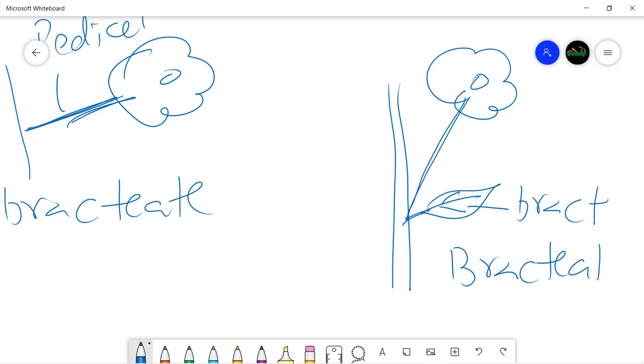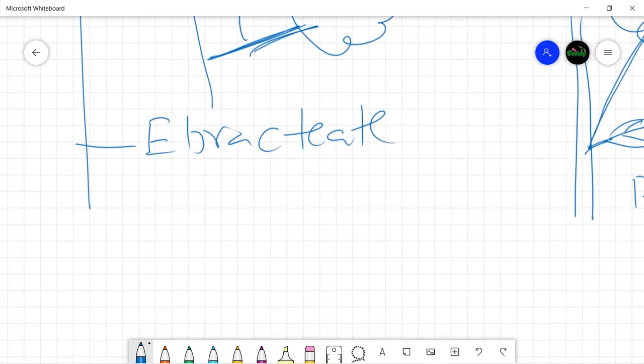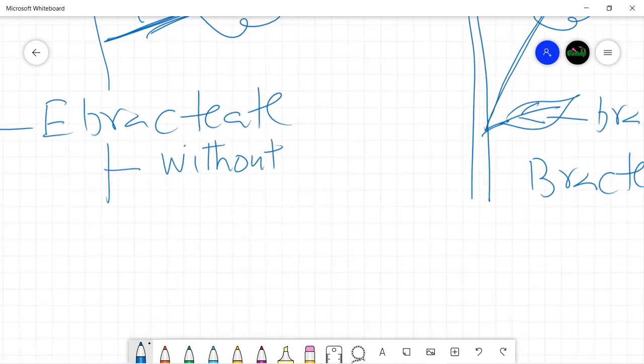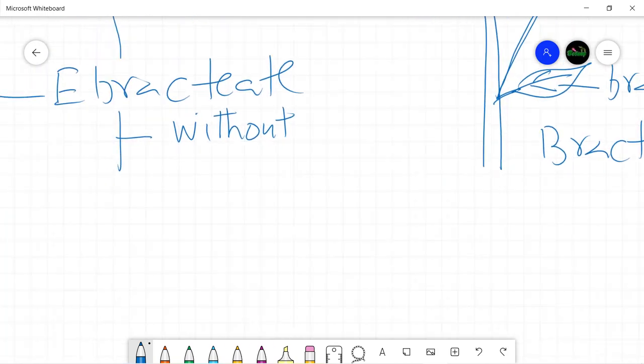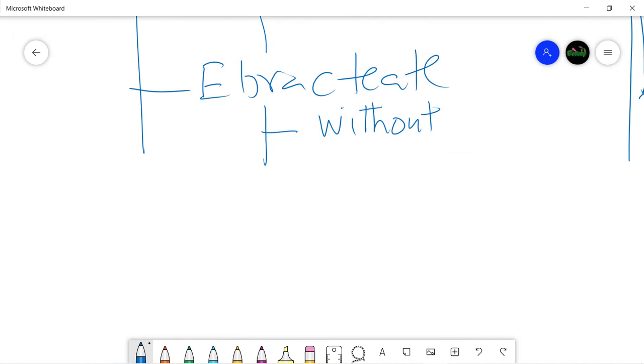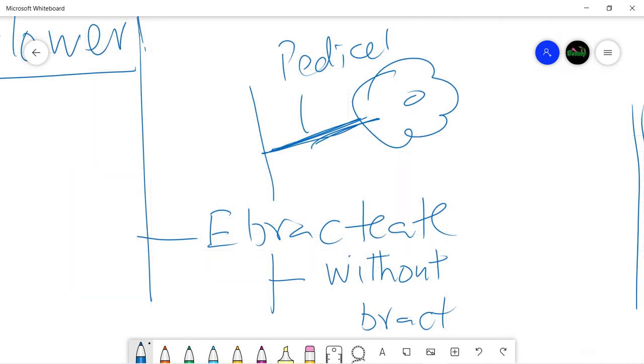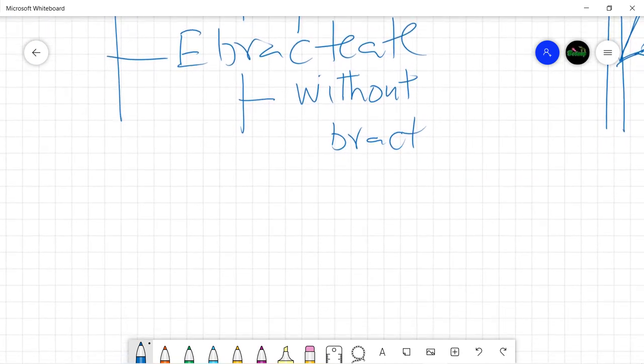That is, a bract is present. But when the bract is absent, it is said to be ebracteate, no bract. So without bract. That is, the subtending leaf is absent. As we have just drawn this one, there is no bract at the base of the flower, so it is ebracteate. So this particular flower is ebracteate.